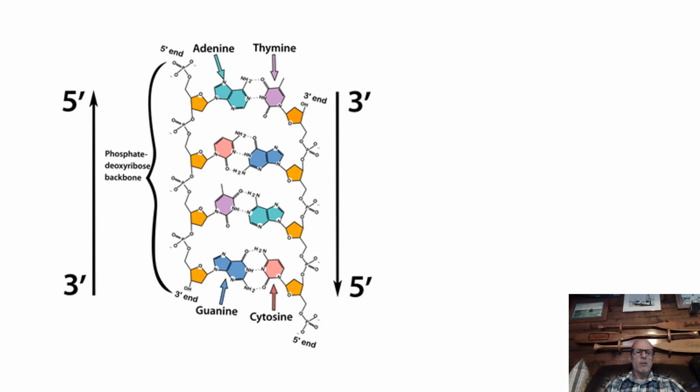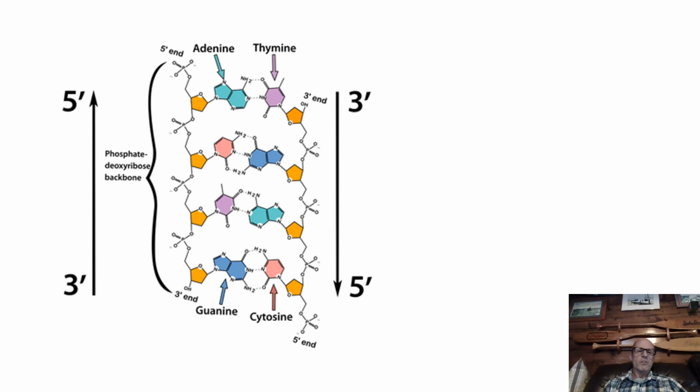Another picture here shows the same story. We have an anti-parallel molecule. This DNA molecule here runs from 3' to 5' on the left side and 3' in the downward direction to the 5' on the right side.